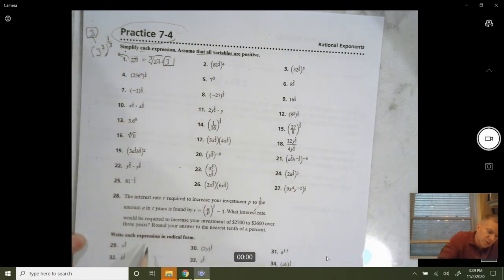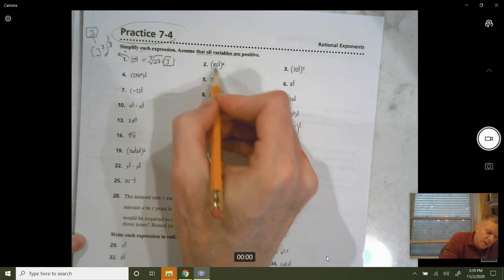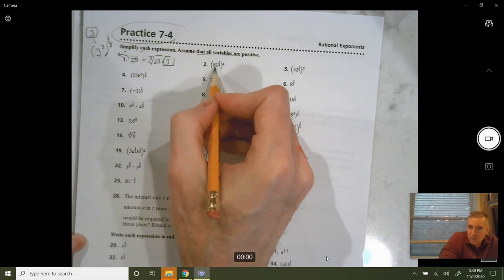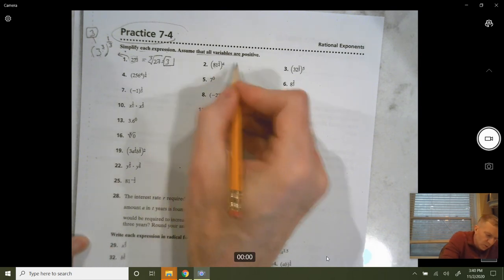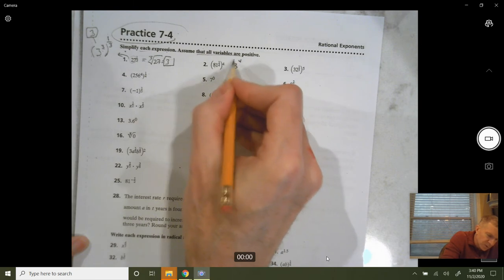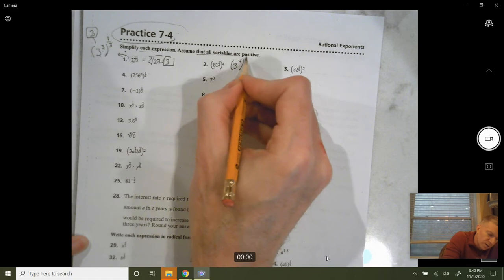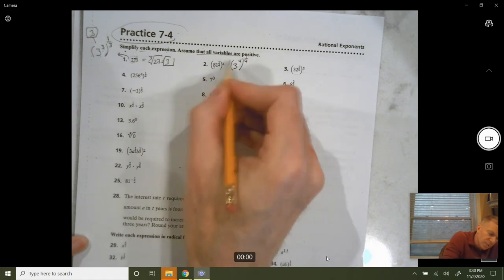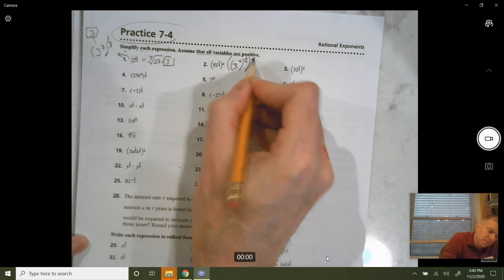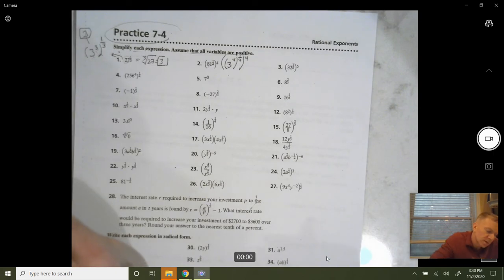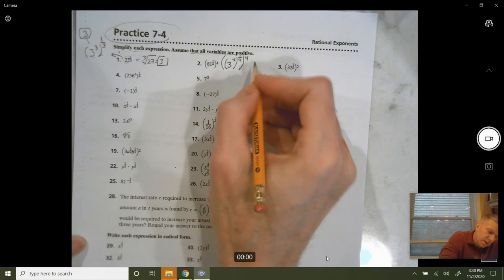Okay, let's try that with this one. 81. Now, if you know your powers, you would know 81 is 3 to the 4th. So I've got 3 to the 4th. That's my 81. It's being raised to the 1/4, and that's all going to be raised to the 4th. So what happens there?